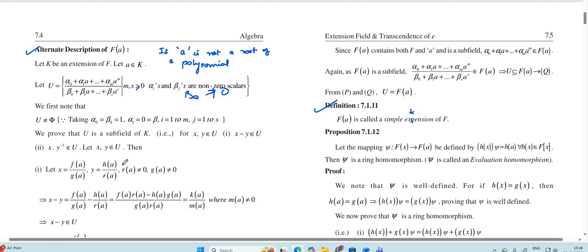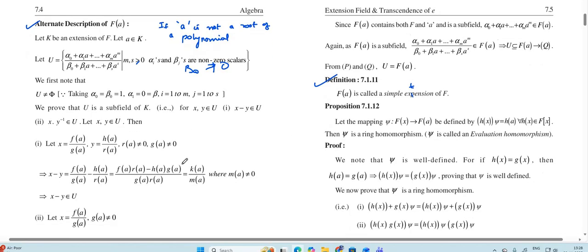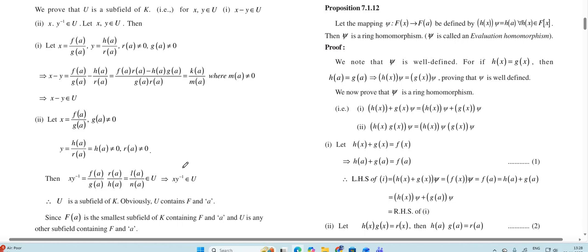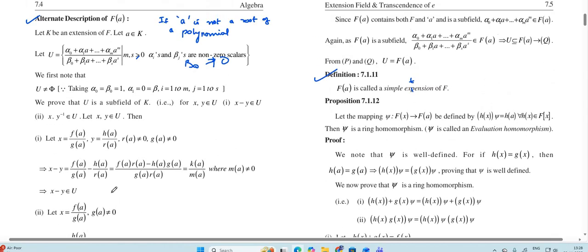Now we are going to establish that this U and F(A) are the same. F(A) contains both F and A and is a subfield, so like that, we are going to show that U is actually F(A). That is what we are going to prove.